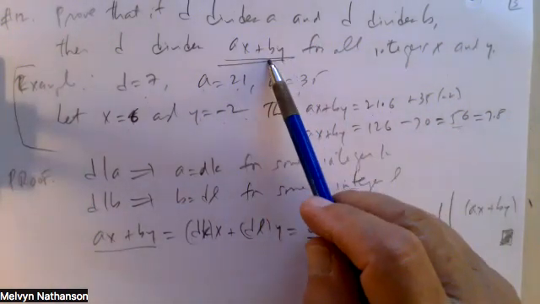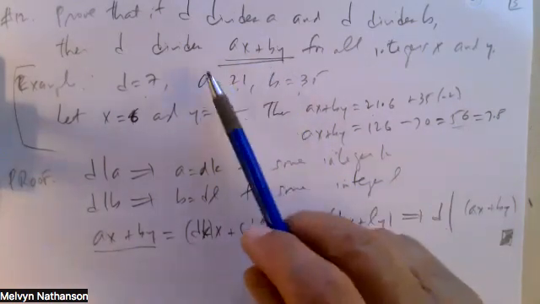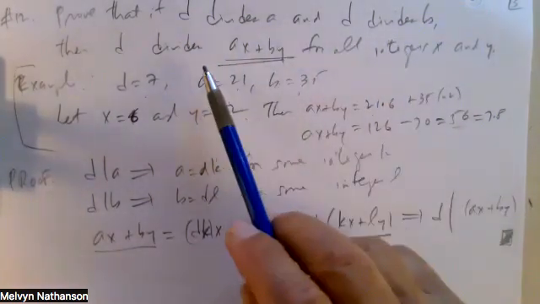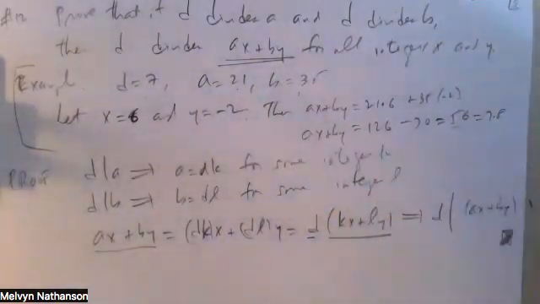Here's the statement we're trying to prove in this case: that if D divides A and D divides B, then D divides AX plus BY. That's different from proving that if n is odd, then n squared minus 1 is divisible by 8.